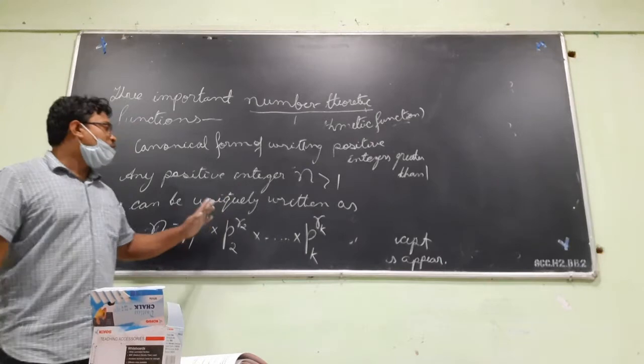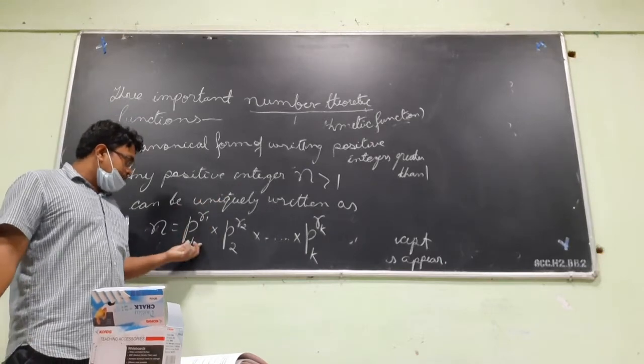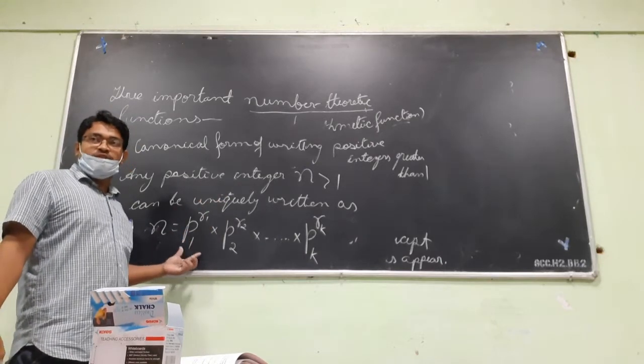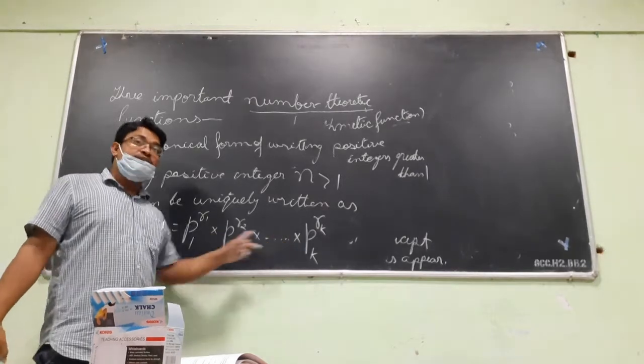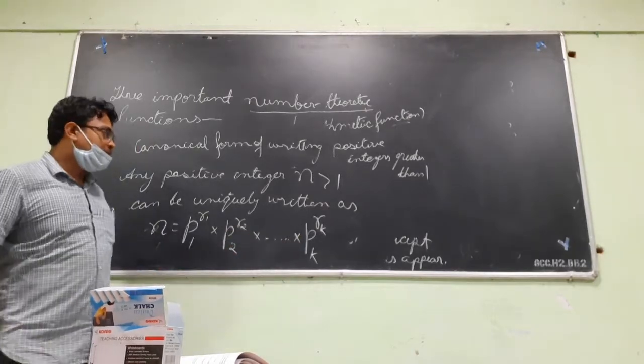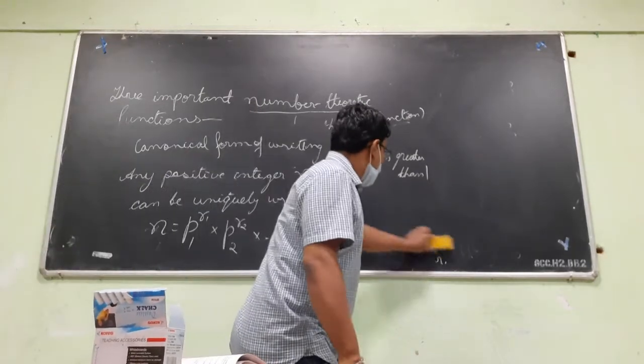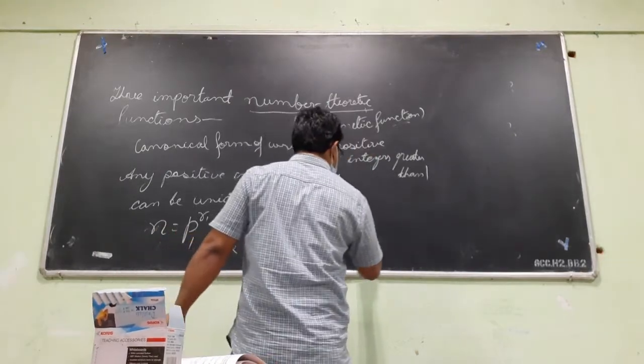For the canonical form, we adopt the convention that the smallest prime is written first, meaning the primes are written in increasing order. That is the canonical form. Right. So where we can write, where.